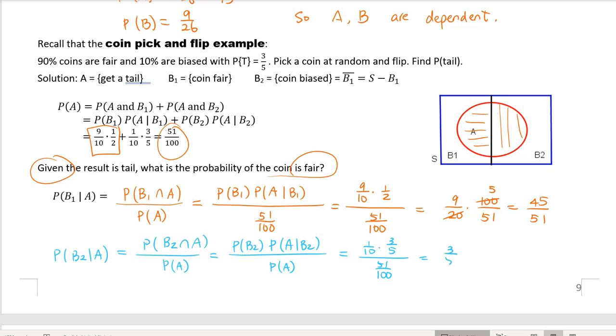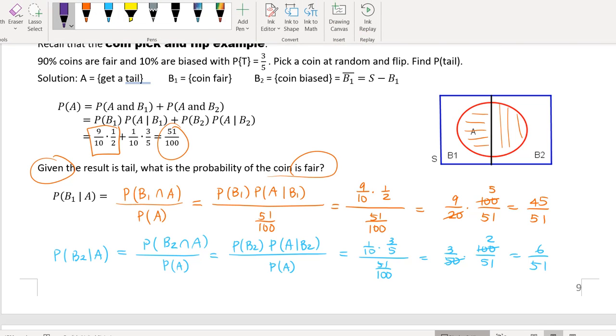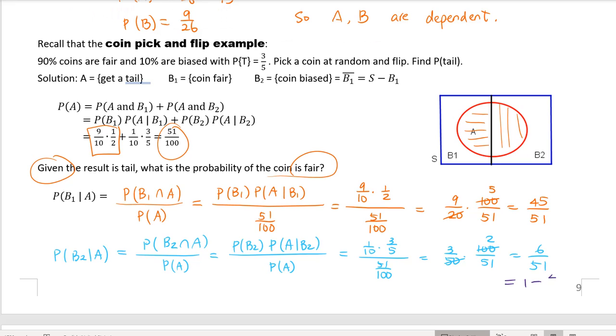So that's 3 over 50 times 100 over 51. So they cancel, we get 2. 2 times 3 is 6. And notice that this also equals 1 minus 45 over 51 because they're complements of each other.